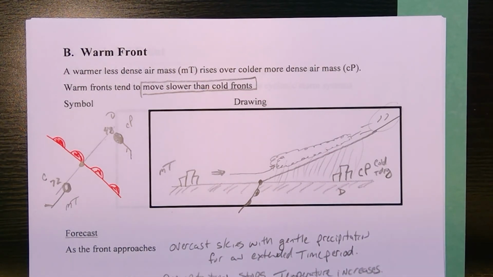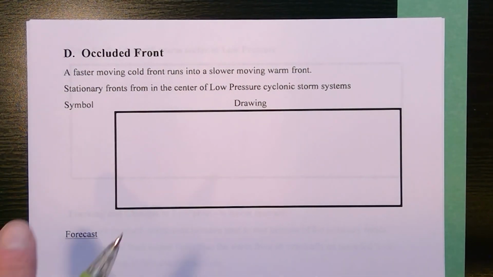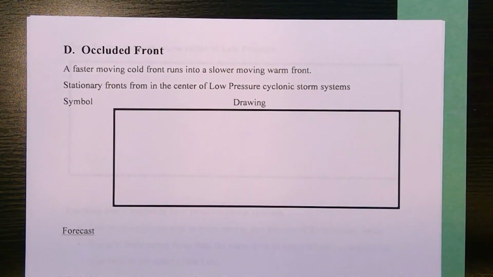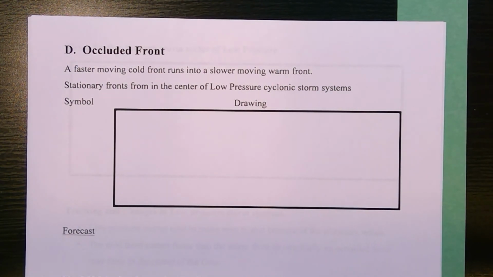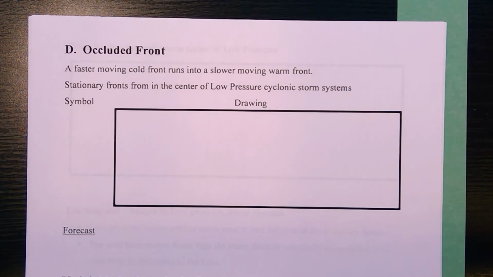So if I look at our next page, we get to an occluded front. Occluded fronts form when a faster moving cold front runs into a slower moving warm front. Typically we're going to see that occluded front tends to happen towards the center of our low pressure cyclonic storm systems.